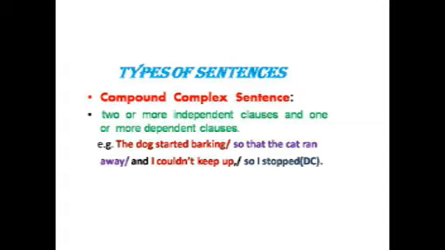Let's see how many independent clauses there are. The dog started barking, that is independent. It can stand alone. The cat ran away, that is also independent. I couldn't keep up, that too is an independent clause. Only the last one, so I stopped, is a dependent clause. So we have a compound complex sentence here.